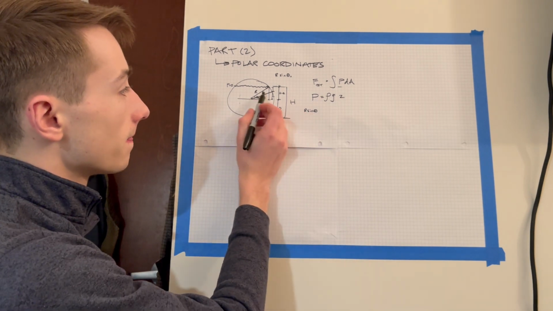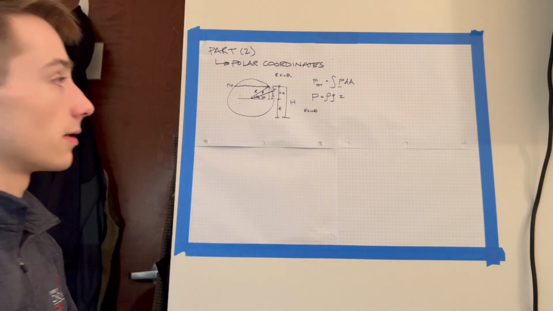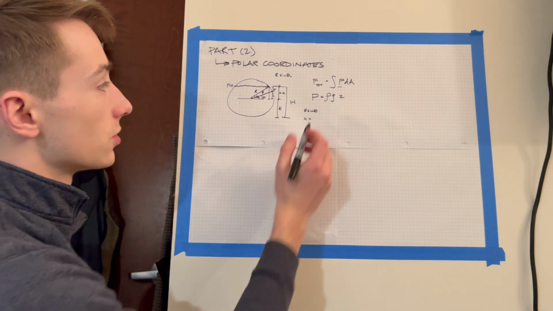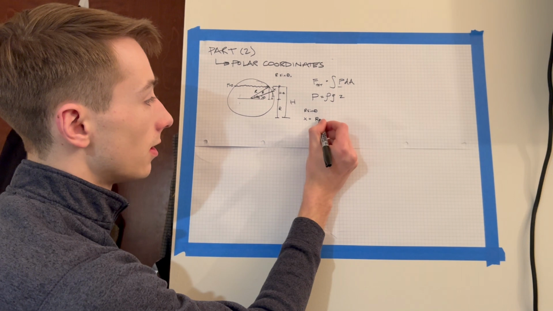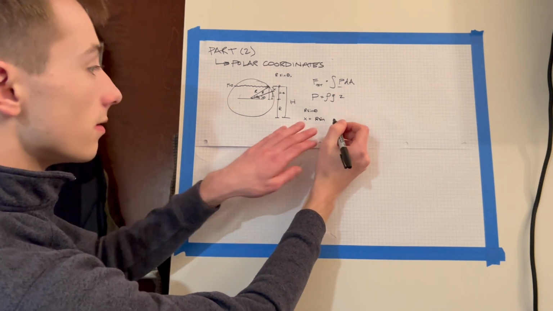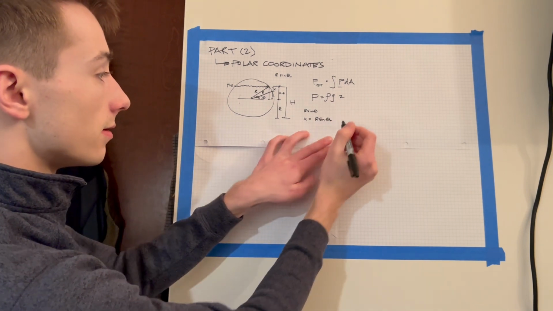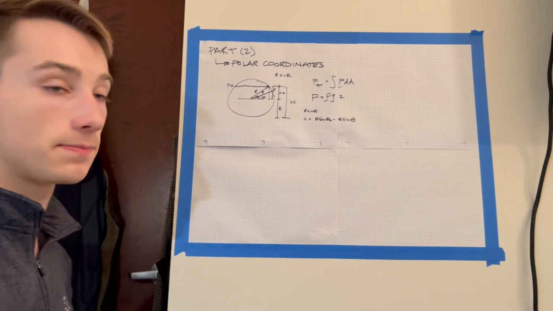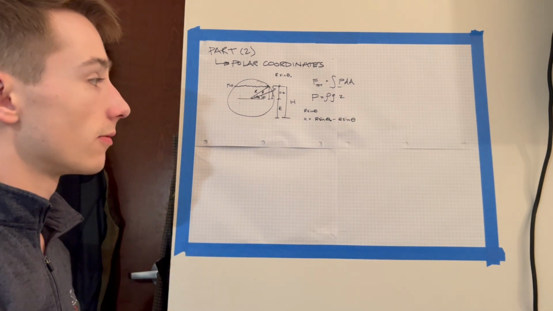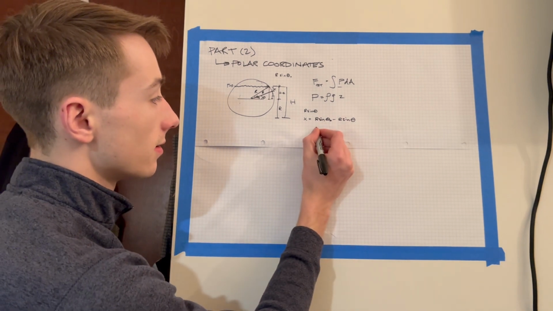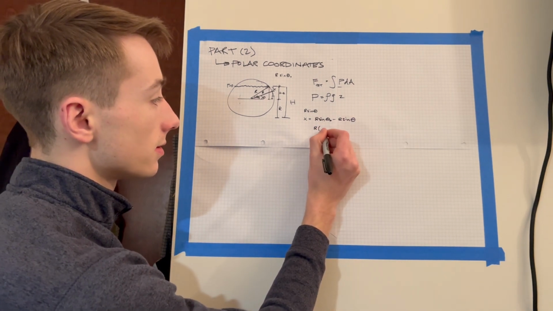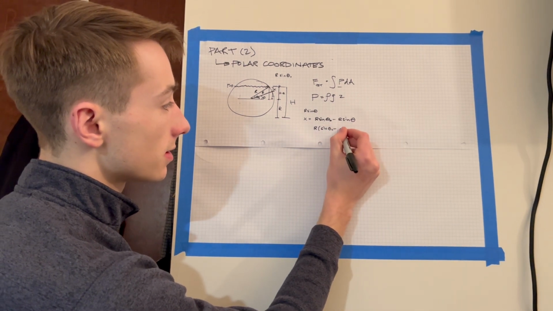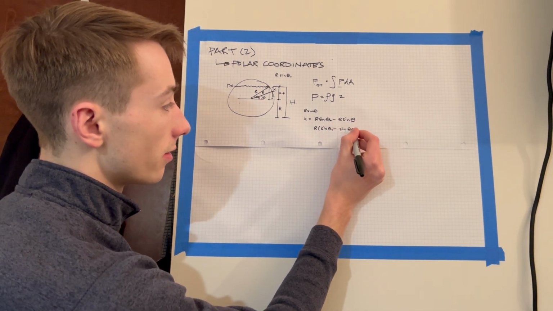So this distance here, call that x really quick, x is going to be the difference between r sine theta naught and r sine theta. Okay, we can simplify this to say r times sine theta naught minus sine theta.